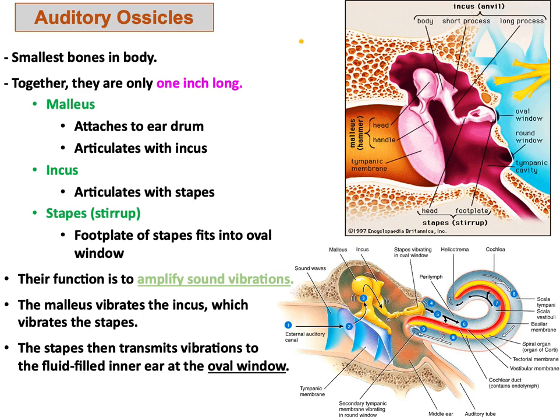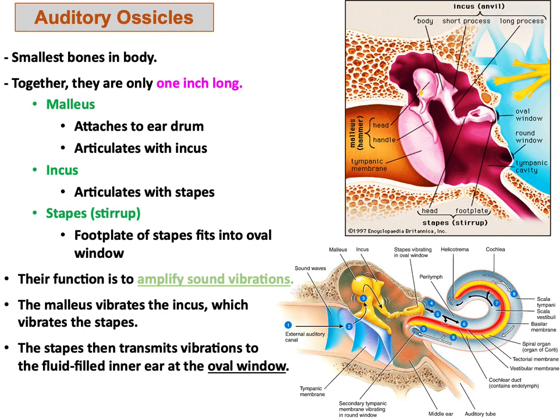So as you see from the previous slides, the middle ear contains three small bones. We call them auditory ossicles, the smallest bones in our body. Together, if you extend them, they're about 1 inch, that means 2.5 centimeters. They are the malleus, incus, and stapes, right?